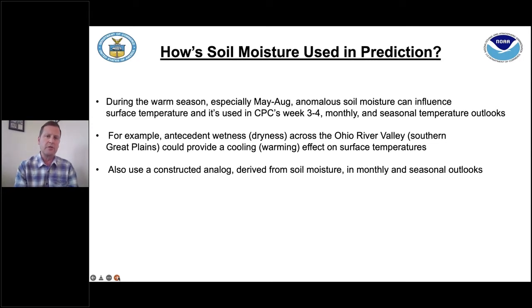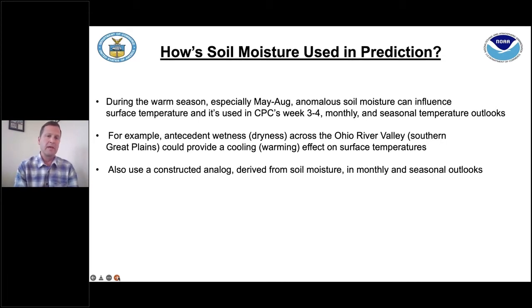So how is soil moisture used in prediction? During the warm season, especially from May through August, anomalous soil moisture can influence surface temperatures, and it is utilized in CPC's week 3-4, monthly and seasonal temperature outlooks. So for example, when we have antecedent wetness, as we do now in the Ohio River Valley, that could provide a cooling effect on surface temperatures.